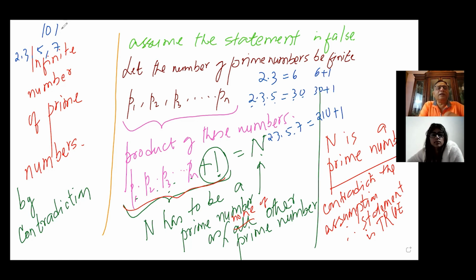We know it cannot be divided by 2, 3, or 5. Let's try 7. 7 times 14 is 98, remainder 3. So 7 doesn't go there. Therefore 101 is also a prime number. Only by dividing with these 4 numbers, which are less than the square root of the number, you prove it's a prime number.